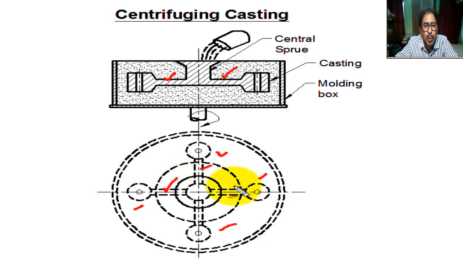This is the radial gate. Through this radial gate, metal enters the mold cavity.